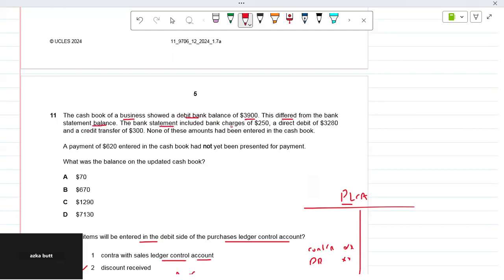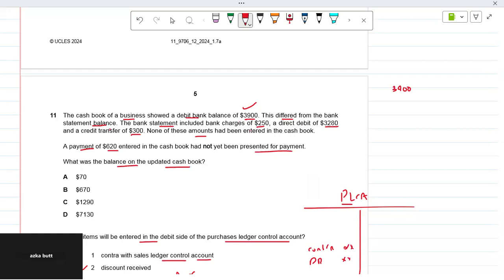The bank statement included a bank charge of 250, a direct debit of 3280, and a credit transfer of 300. None of these amounts had been entered in the cash book. A payment of 620 entered in the cash book had not yet been presented for payment. So what was the balance on the updated cash book? Okay. So initial balance is 39,900, which is this. So now what adjustment do we need to do?